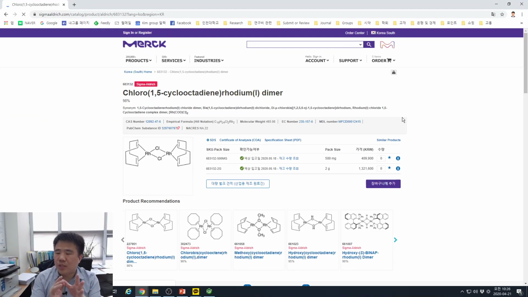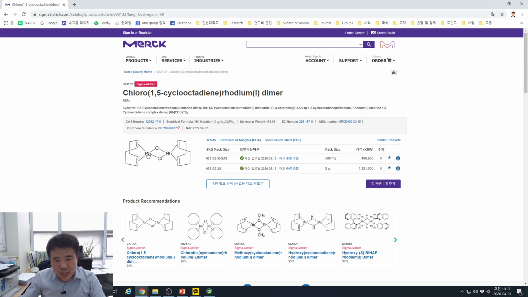If you search for transition metal complexes in Aldrich, you can buy these complexes because some of them are very stable, so you can buy them from Aldrich or Alfa something. This transition metal is very useful for CC bond formation or asymmetric reactions.